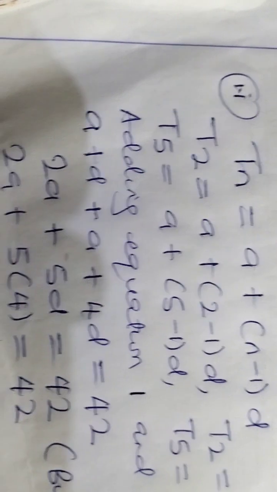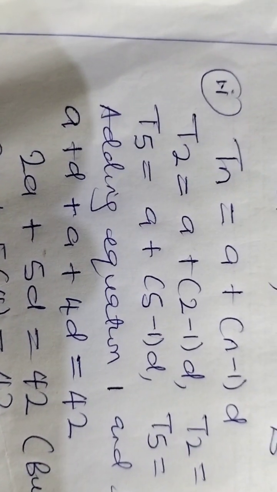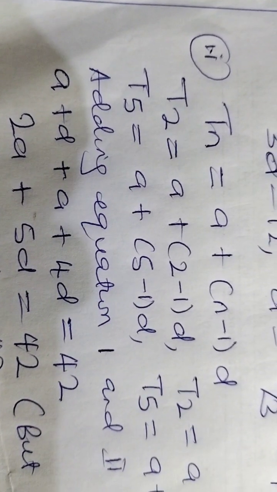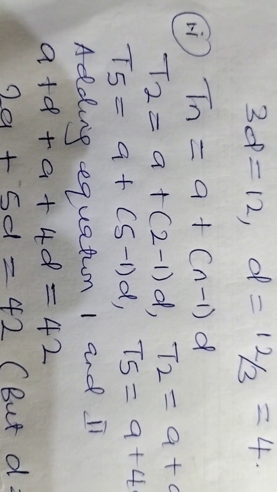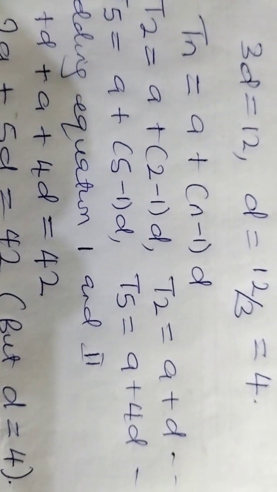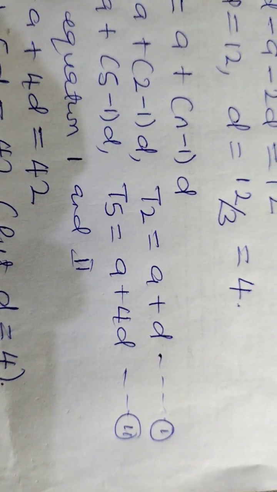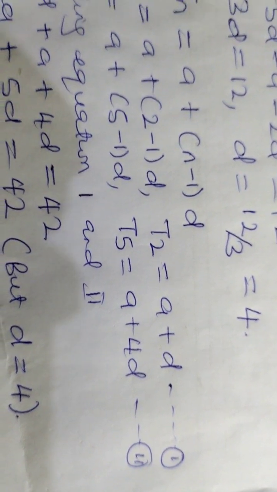We still have to formulate an equation for the fifth term: T5 equals A plus (5 minus 1) D. Then T5 becomes A plus 4D, equation 2.